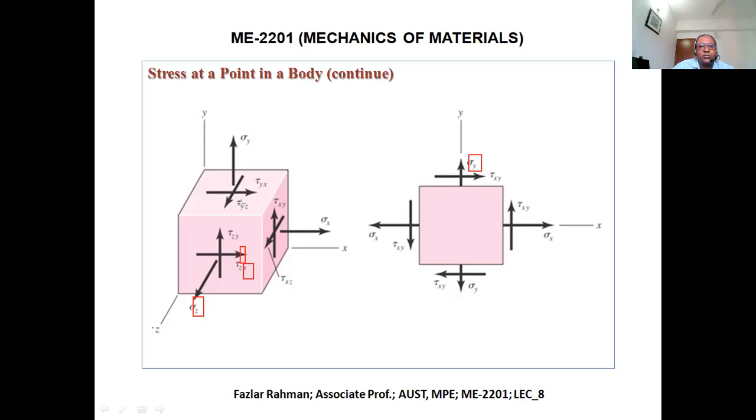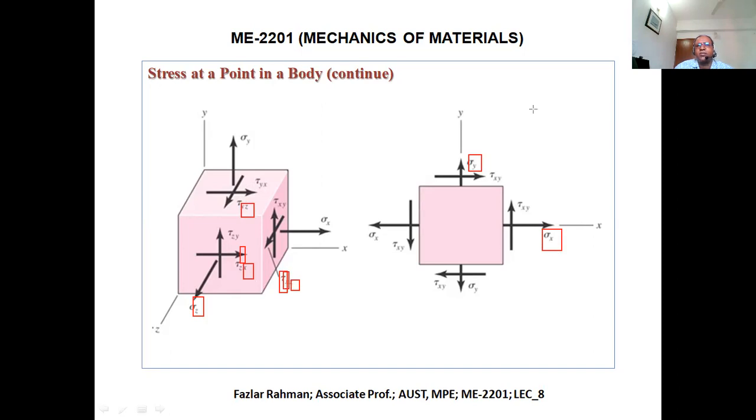And tau yz will be 0, tau zx is 0. At the top surface you only have tau xy. Similarly, on the right side we have sigma x, this value going 0, and we have tau xy.